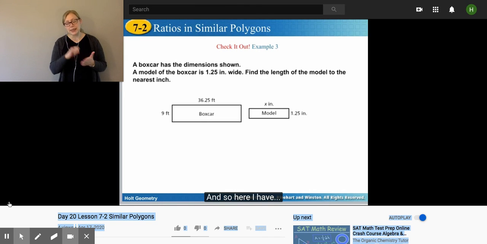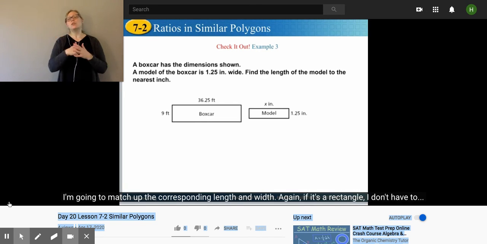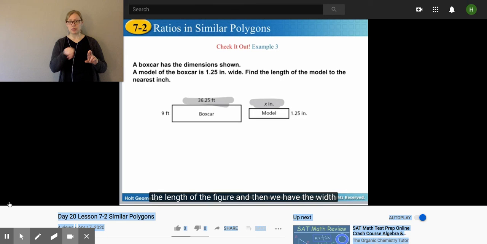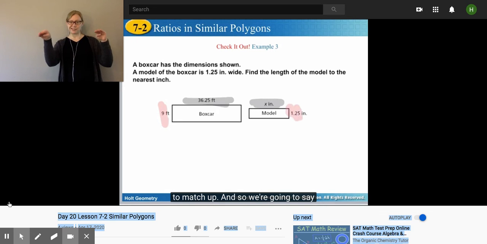And so here, we're going to match up the corresponding length and width. Again, if it's a rectangle, I only have to do 2 lengths. And so here we have the length of the figure, and then we have the width to match up.